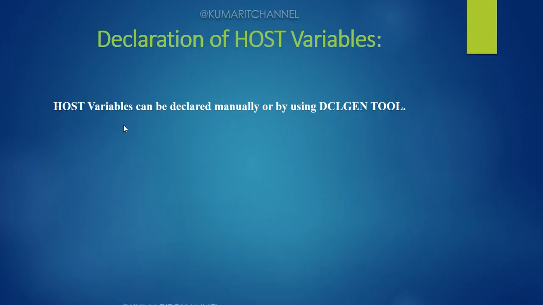It's not an easy task, so we need a specific tool that can create them. DCLGEN gives you that. Within SPUFI you have DCLGEN: just give the table name and whatever naming you want to add. Within seconds it gives the complete COBOL structure, the layout of the table, and you can directly use it. That's the beauty of DCLGEN.